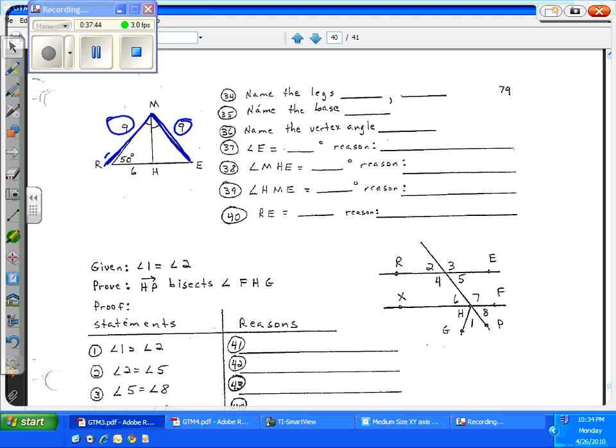So the legs are RM and EM, segment RM and segment EM. The base is the third side, RE.